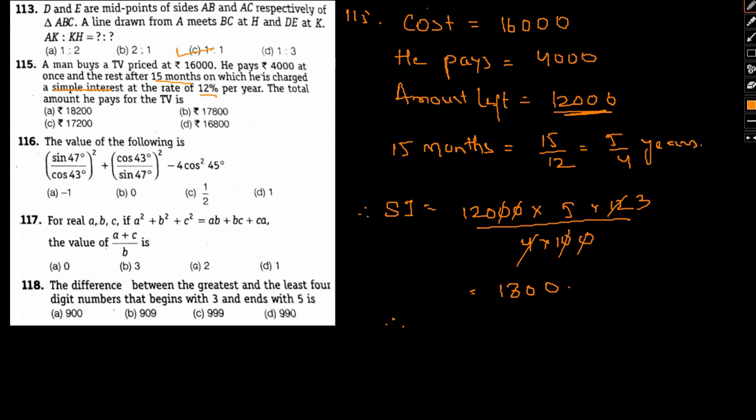So therefore the amount would sum up to be 12,000 plus 1800, that is 13,800.